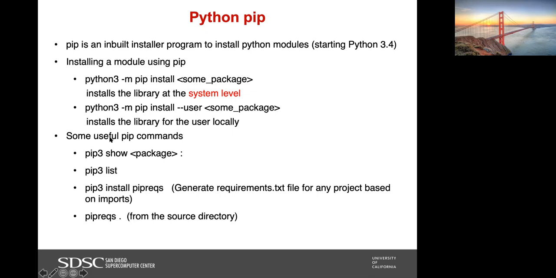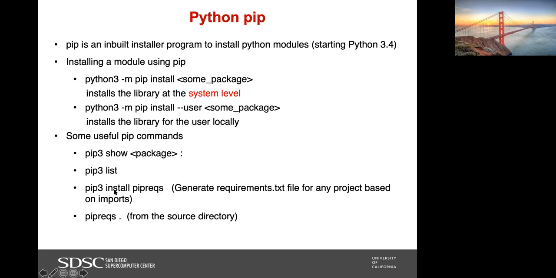And here are some of the commands that you can use. pip show package will show details of the package, where it is installed, the version of the package, and pip list lists all the packages that are present in your Python environment. So this is an interesting package, pipreqs.